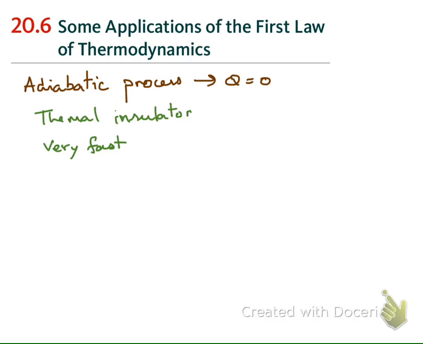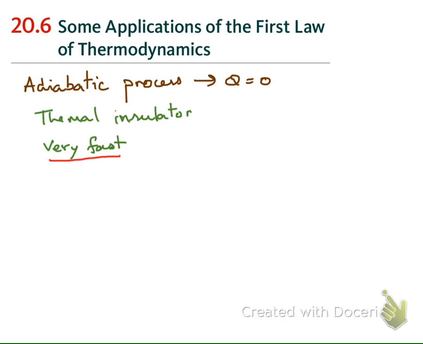Because in a process that happens very fast, the heat may not be able to escape or enter the system during the process. So we can also say that if the process happens fast enough, it is approximately an adiabatic process and Q is equal to 0.